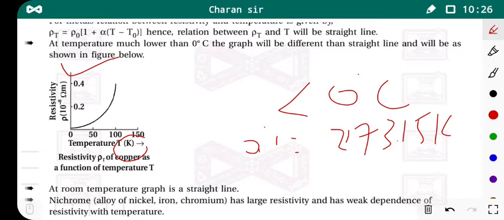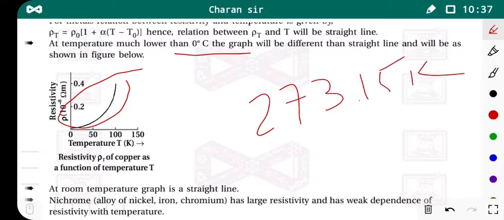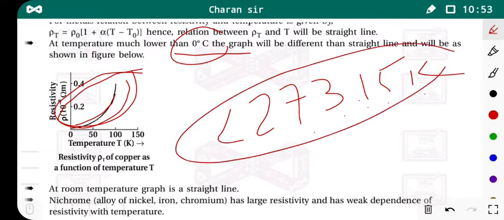From this graph we conclude that below 273.15 Kelvin, which is equivalent to 0 degree centigrade, the graph is not a straight line but deviated.